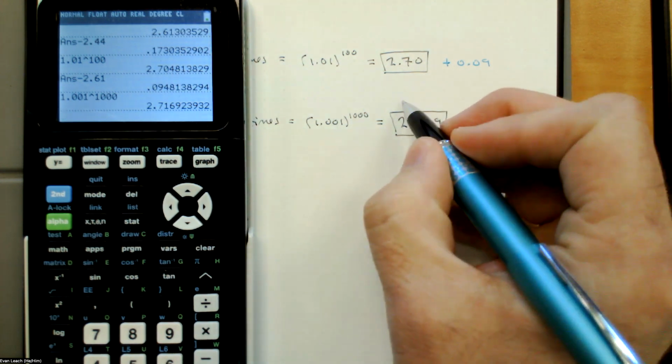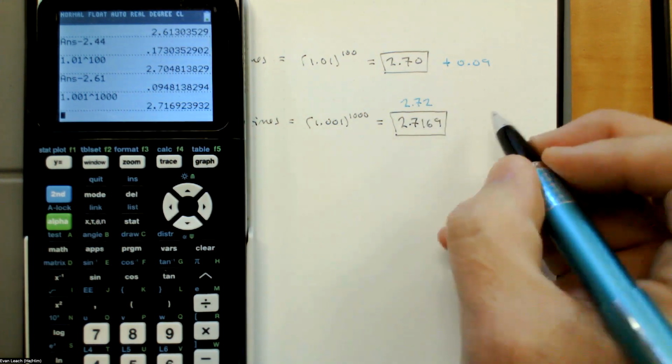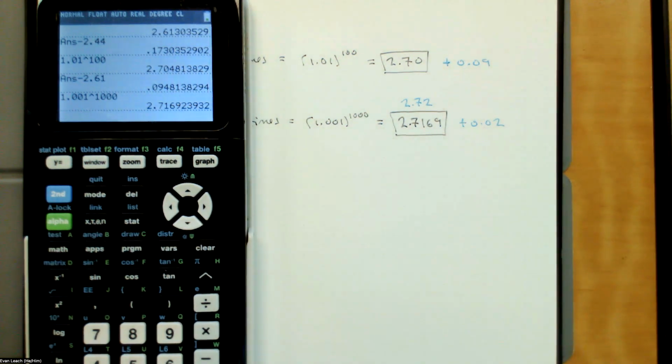We would probably round this, since it's dollars, it's going to stop being dollars in a minute, but 2.72. Even though we have 10 times the amount of compoundings, we've only gone up by 2 cents. So it looks like the amount of increase is slowing down. The question is, is it going to keep slowing down?